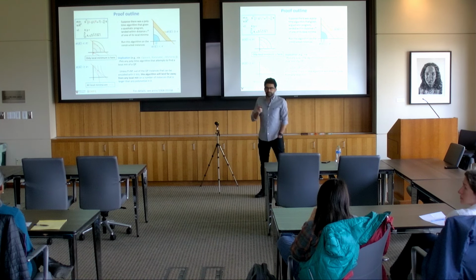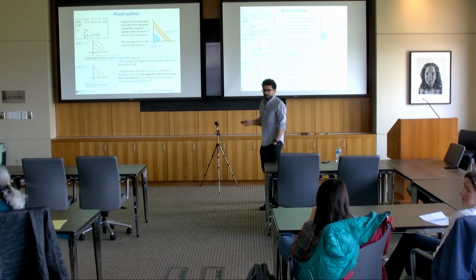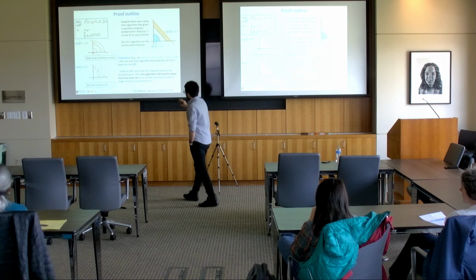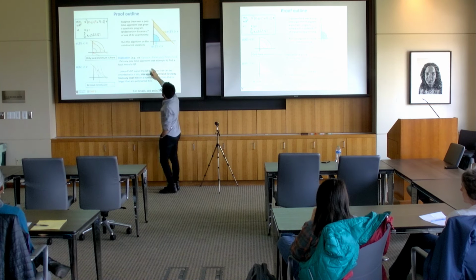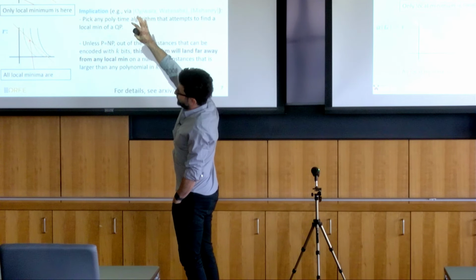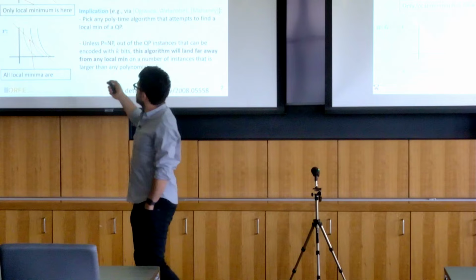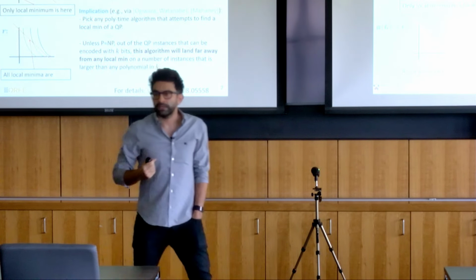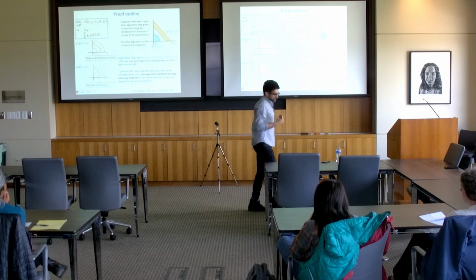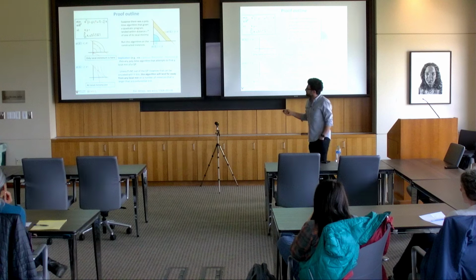Yes? So why is that true? This claim? Yeah. This follows from these papers in complexity theory, and is nothing specific to the local min here. This is true for any NP-hard problem. There are some nice results that limit the power of heuristics on any NP-hard problem.